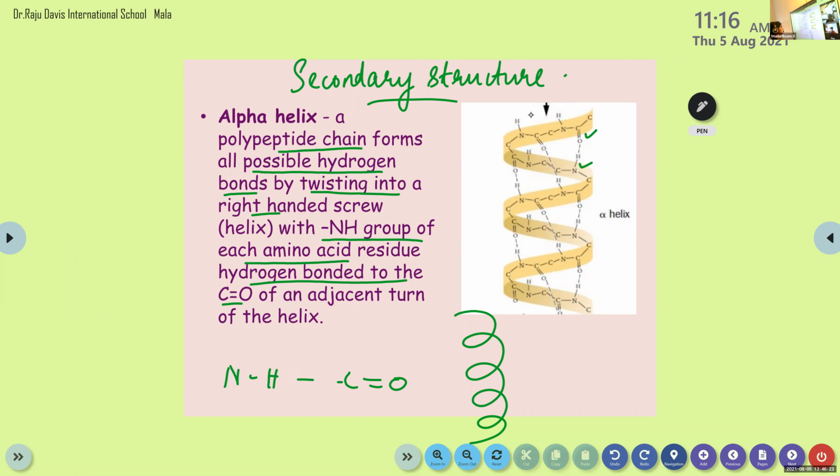Alpha helix structure. A polypeptide chain forms all possible hydrogen bonds by twisting into a right-handed screw, with the NH group of each amino acid residue hydrogen bonded to the CO group of an adjacent turn of the helix. So this comes under secondary structure of protein and it is known as alpha helix structure.